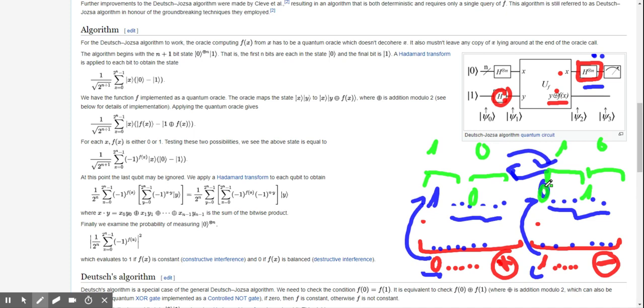And so they would cancel out, right? I mean, here you would have, for example, the case one and all zeros, and here you would have the case one and all zeros with a minus.